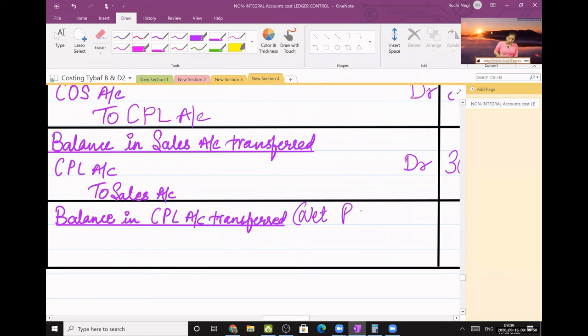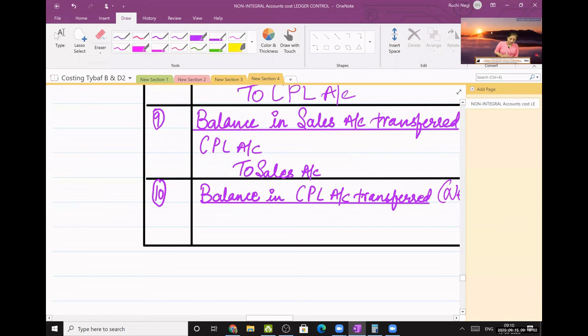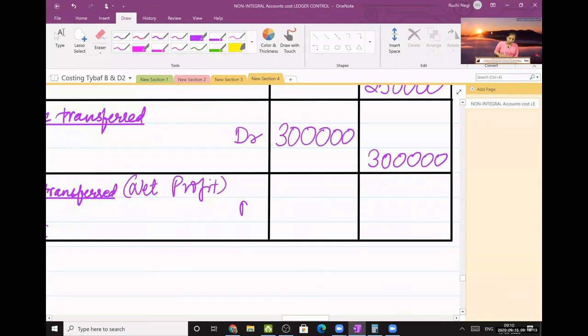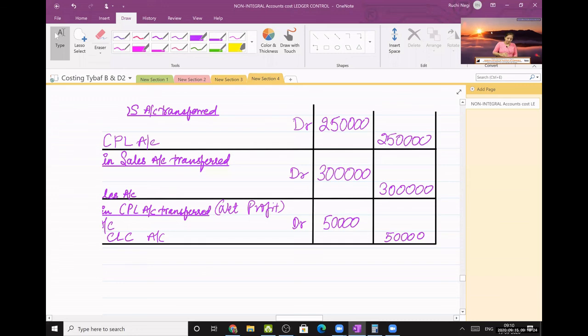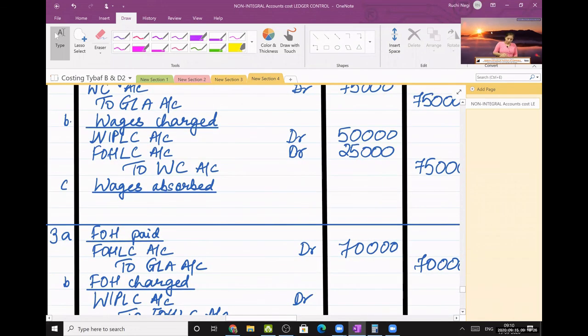So the net profit entry: CPL account debit to CLC. How much is the net profit? 50,000. When journal entries are asked in exam, you get full 15 marks only when you transfer these hidden entries also.